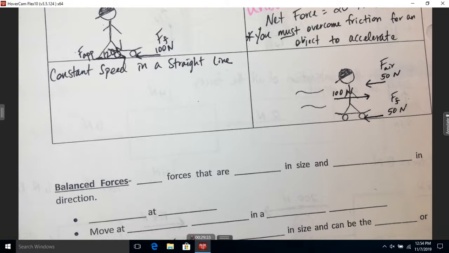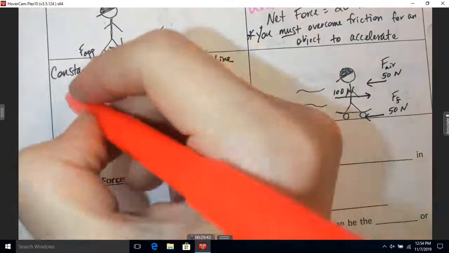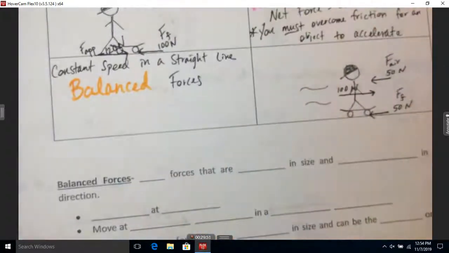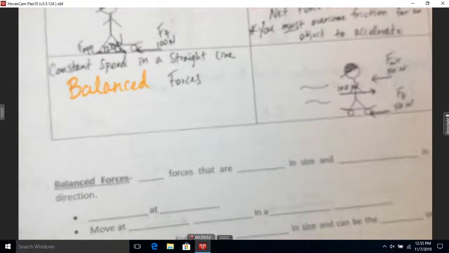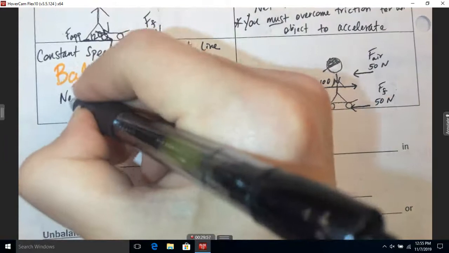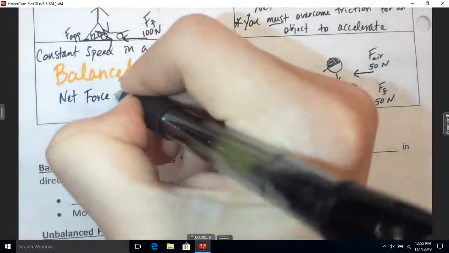What are they? I said look at the numbers. Are we balanced or unbalanced? We're balanced. And what's the net force? Zero newtons.